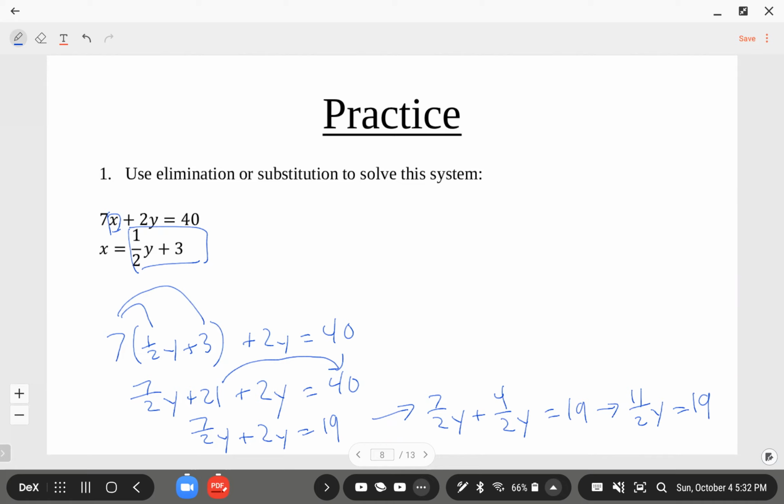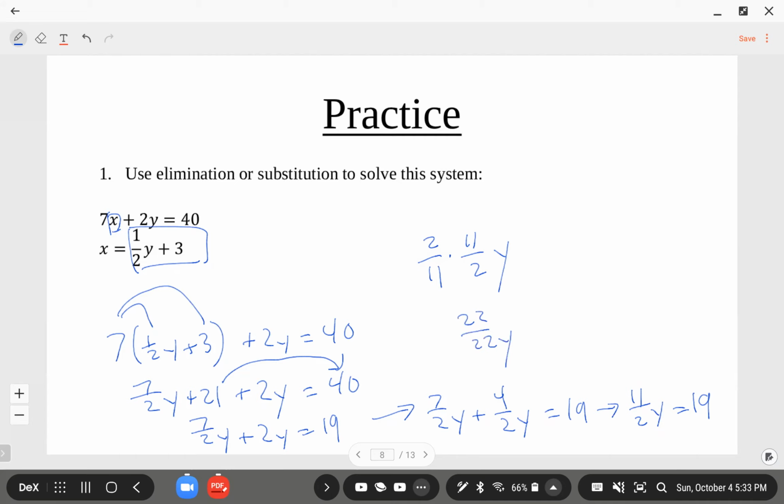Now, what do we do? You want to isolate y. So how do you isolate y? You have 11 over 2y, right? So you just multiply by 2 over 11. If you multiply by 2 over 11, it'll be 22 over 22y, which is just y, right?